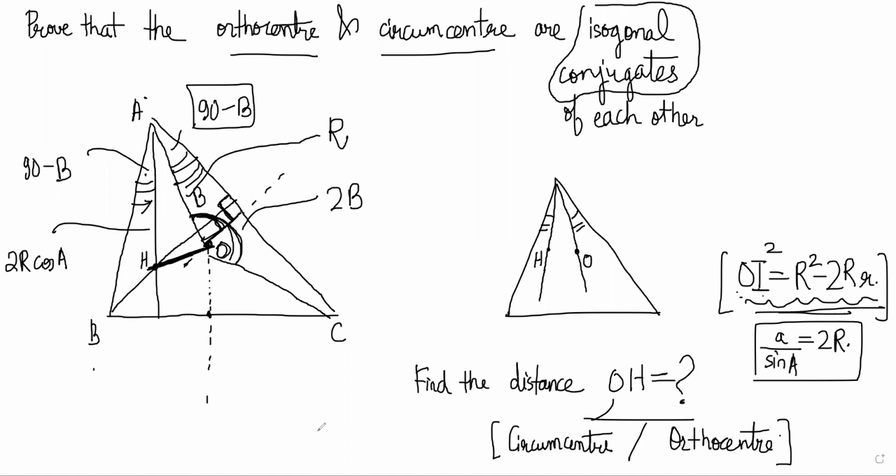What I want you to understand is, suppose someone asks you a random distance. Right now I asked you the distance between orthocenter and circumcenter. Like here was my orthocenter, circumcenter was somewhere here, and somebody asked you this distance. This distance is floating in air, not connected to much.